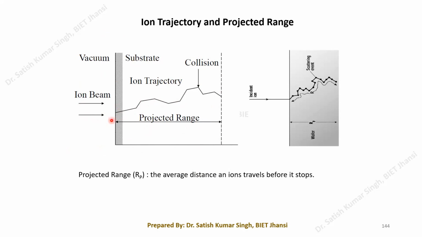Let us say the initial ion beam energy is E naught or E1, which is also known as the impact energy.